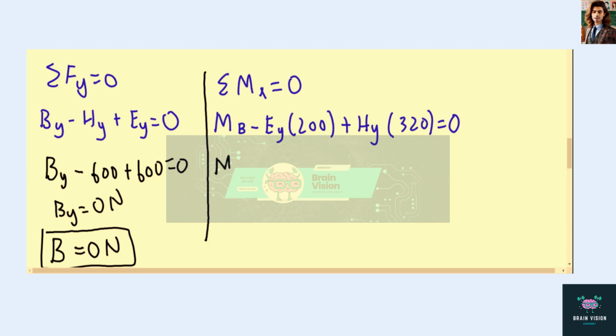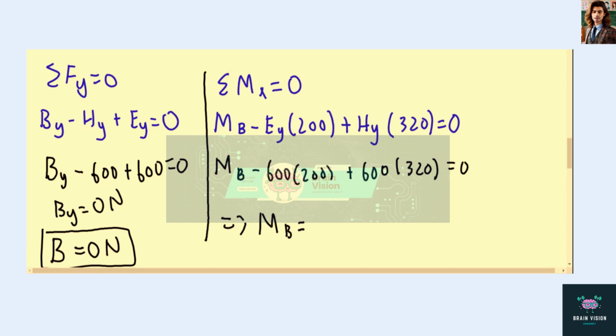And after substituting in, we get that the moment about point B minus 600 times 200 plus 600 times 320 is equal to 0. And solving for the moment, we'll get a value that's equal to negative 72 Newton meters.